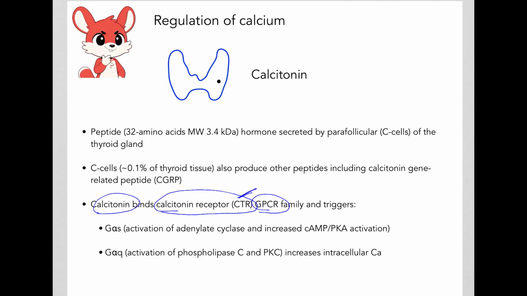This binding will stimulate G-alpha S, leading to the activation of adenylate cyclase, causing increased cyclic AMP that will then activate protein kinase A. The CTR is also associated with G-alpha Q, which leads to activation of phospholipase C and protein kinase C, resulting in an increase in intracellular calcium concentration.